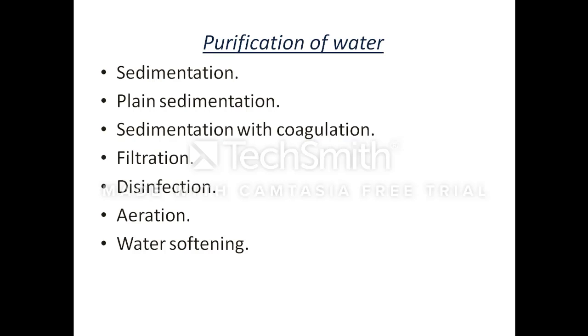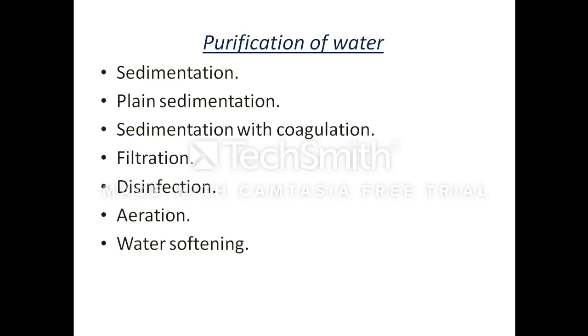Next process is disinfection. Even after sedimentation and filtration, some bacteria are present in water. These can be pathogenic, that is, disease causing bacteria. So, various processes by which the disinfection, that is killing of these harmful bacteria, is done will be explained in detail later.